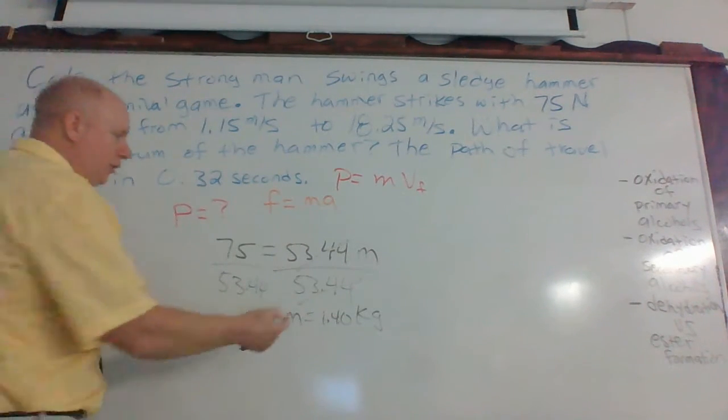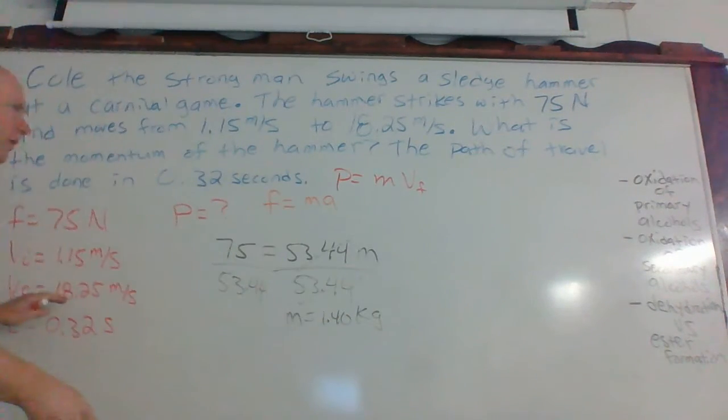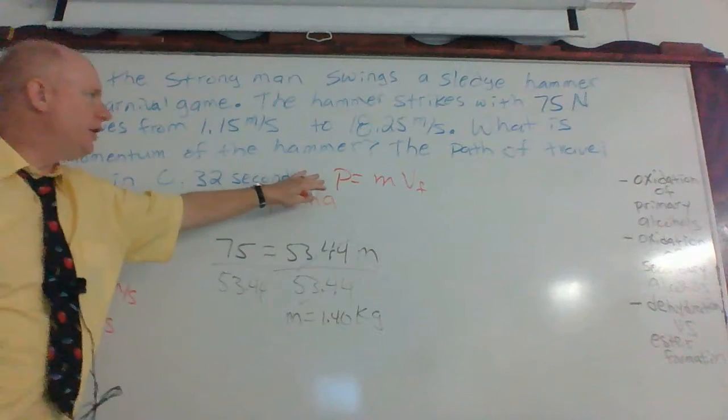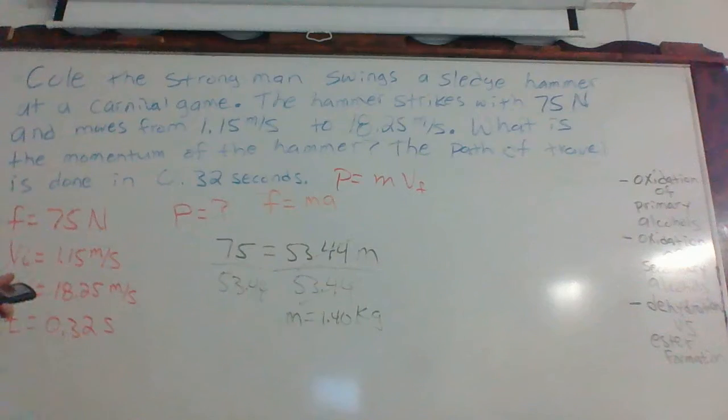Now that we have our mass, we can take that times our final velocity from our setup, and then we can ultimately solve for our momentum. I'll let you figure that answer out, but what you should come up with is 25.55.